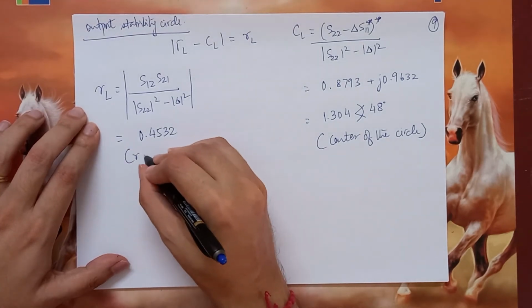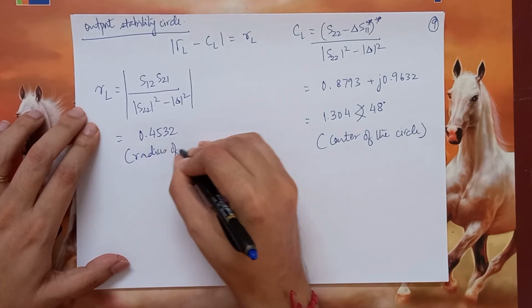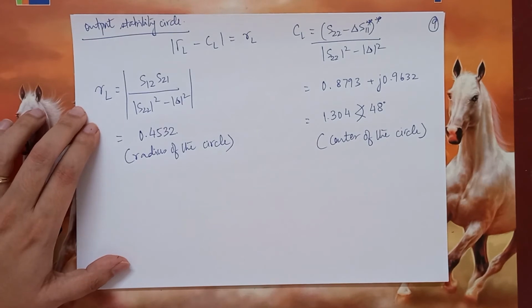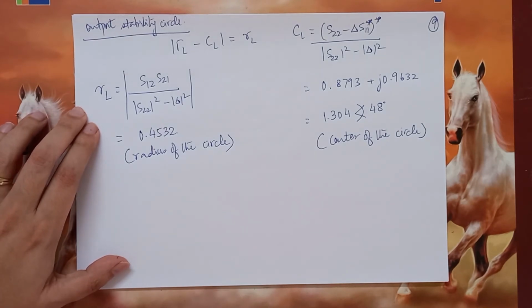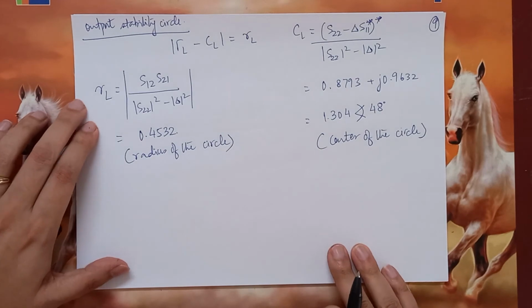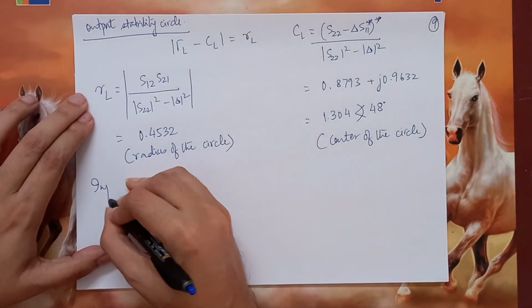This is the radius of the circle. So we have got the center, we have got the radius of the output stability circle. Let's do the input stability circle.